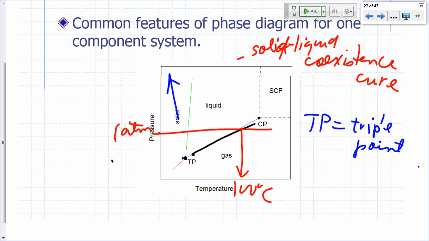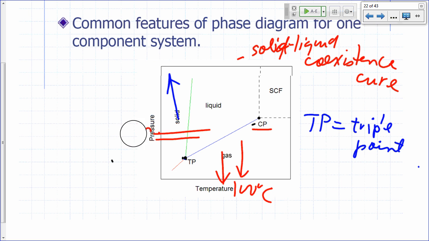If you pull a vacuum above your water, you can get it to boil at a lower temperature. So if you lower the pressure above it, then it will boil at a lower temperature. So not only is this a function of vapor pressure versus temperature, you can also think of this liquid-vapor coexistence curve as boiling point versus pressure.